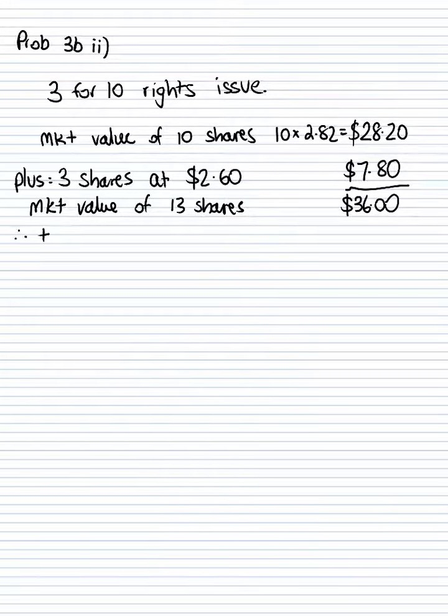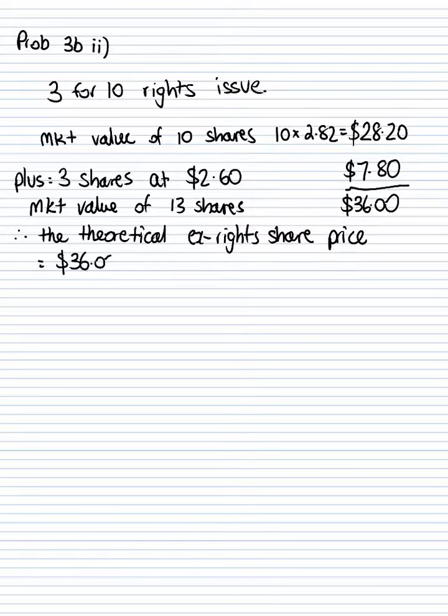So the theoretical ex-rights share price will be $36 divided by the 13 shares, which is $2.77.